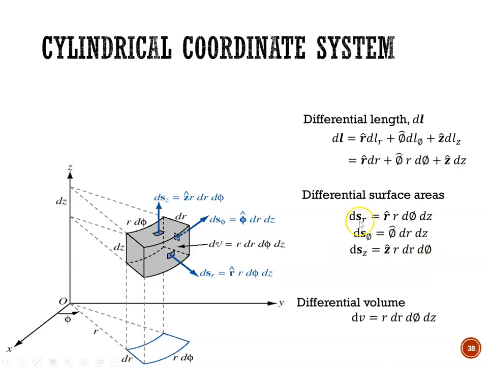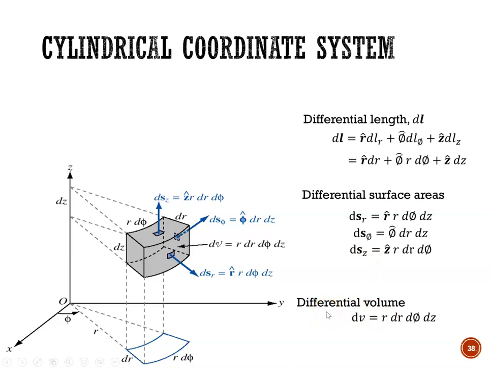So again, the S here stands for surface area. So when you have dsr, ds phi, and dsz, straight away you can identify that this is a cylindrical coordinate system because you have r, phi, and z instead of x, y, z in Cartesian coordinate system.